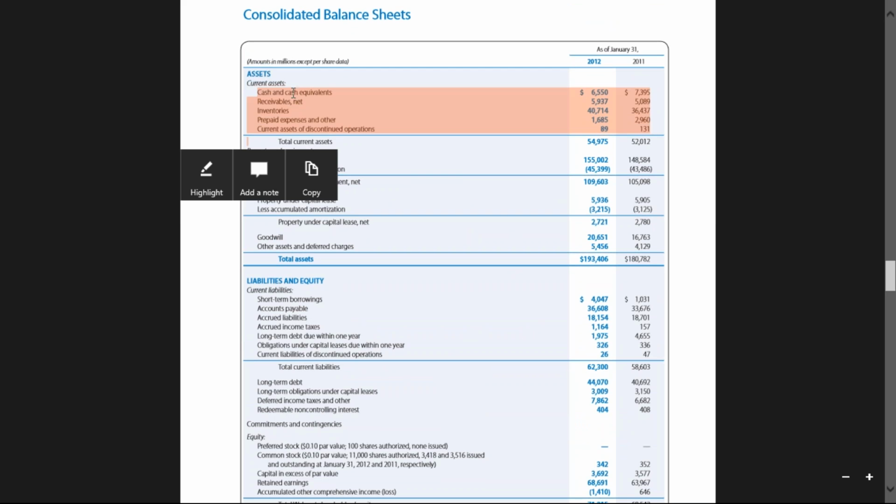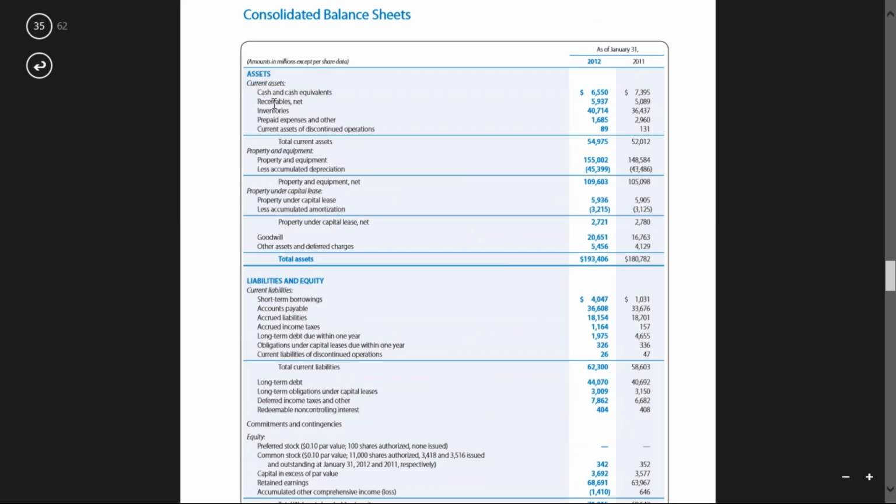So we're not going to include cash. We have receivables. We have inventories. We have prepaid expenses. Discontinued operations we're not going to include. We're not going to include extraordinary items. Discontinued operations is an extraordinary item. So we have 3 line items that have been identified as operating working capital: receivables, inventory, prepaid expenses.